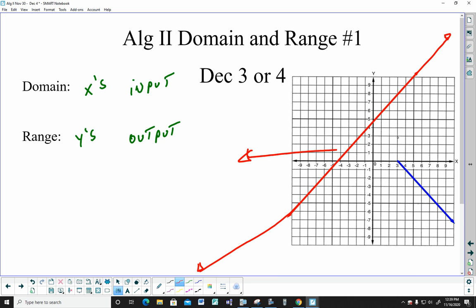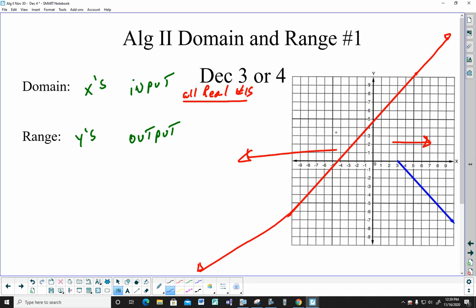It goes on all the way to the right. All the X's get used to the right. So every number works. So in that example, the domain is all real numbers. And I'll show you how to write that. Okay? I'll abbreviate that in a minute.